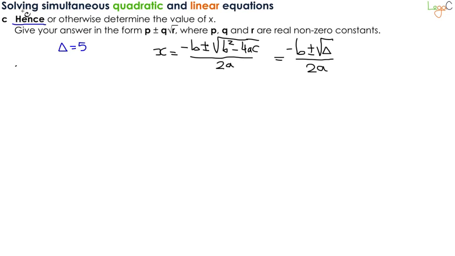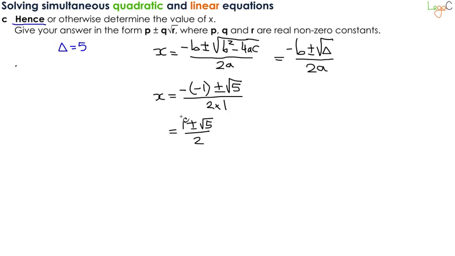So because of this hence, you can actually use delta equals 5 in here rather than calculate it again. So x equals, recall that b is negative 1. Don't forget the negative in front of b as well. Plus or minus square root of 5 over 2 times a, which, remember, was 1. So this gives us 1 plus or minus square root of 5 over 2.